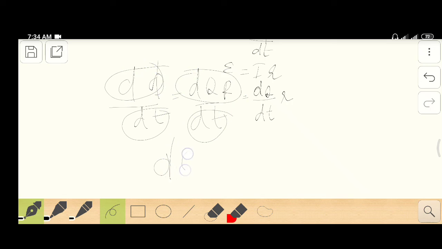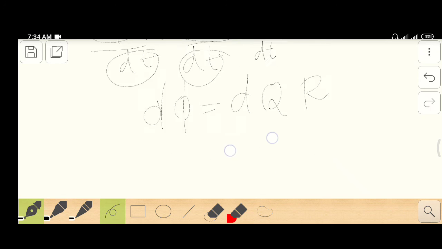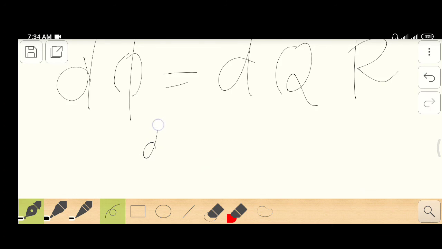So d phi will be equal to dq into R, hence dq can be written as d phi by R. So if the change of magnetic flux is given, and it is asked to find the charge value, then you just have to divide it by the resistance. D phi by R will be equal to dq.